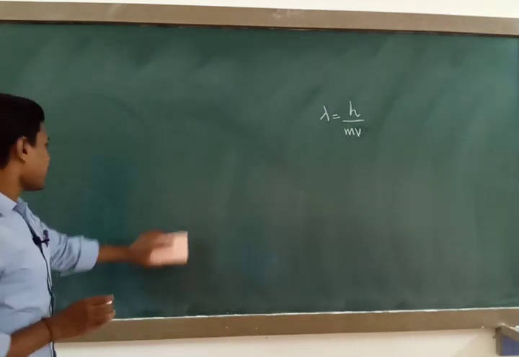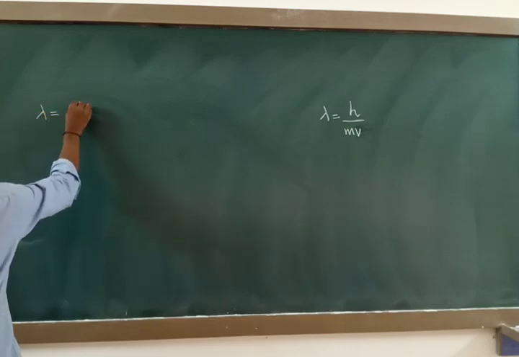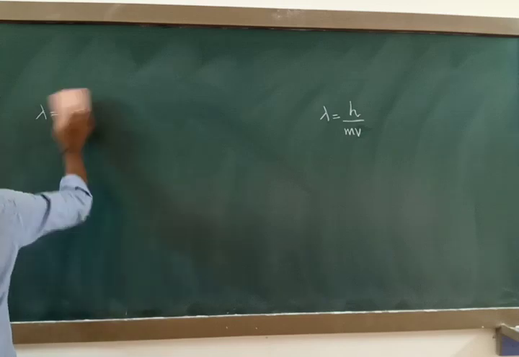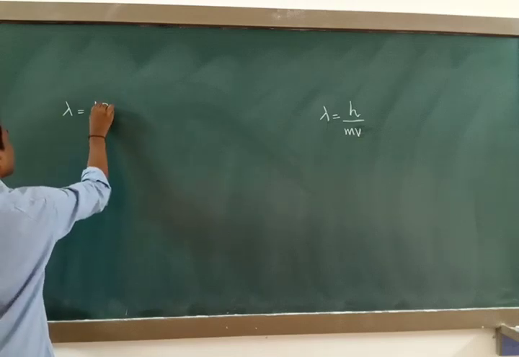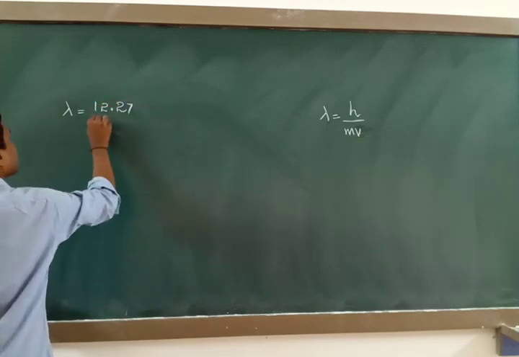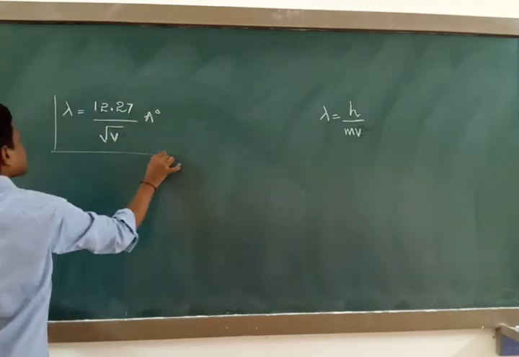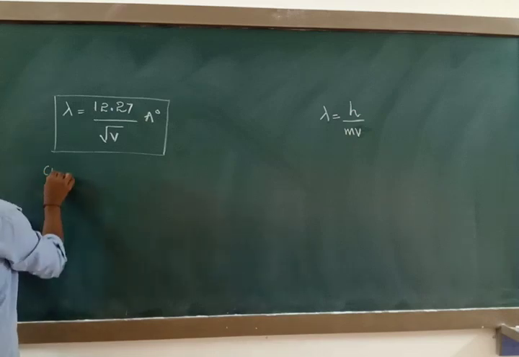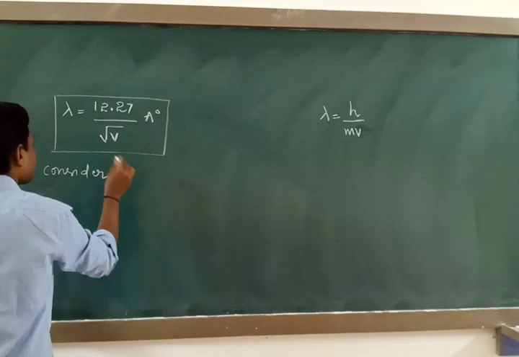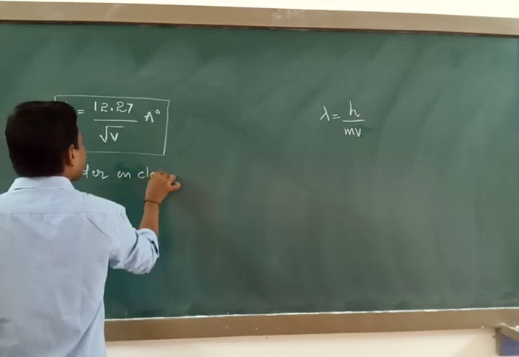Suppose I take an electron theoretically. We know the modified equation: when electrons are accelerated through a certain potential, the wavelength associated with the electron is lambda equal to 12.27 divided by root V. Consider an electron.